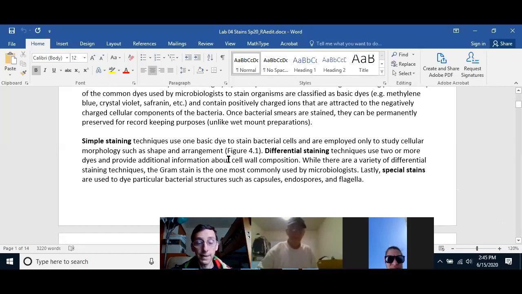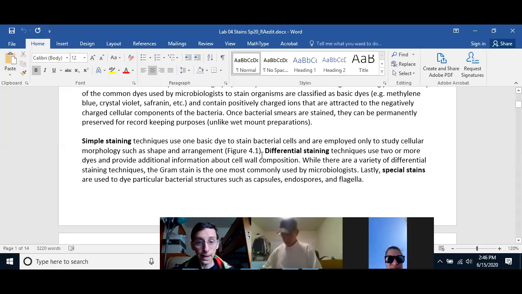A basic dye will stain the bacterial cells, and it will stain everything one color. So if you had a mixed population of cells on the slide, there would be no difference in the stain. If you're staining with methylene blue, all of the cells would be stained blue.